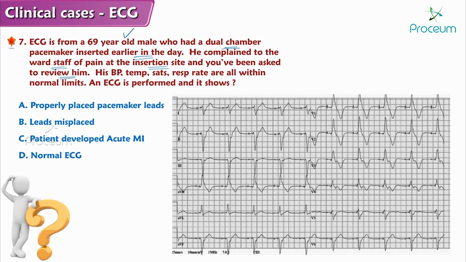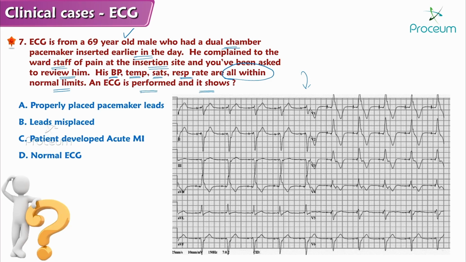His blood pressure, temperature, saturation, respiratory rate, all are within the normal limits. An ECG is performed and it is as follows. What is the correct answer? Properly placed pacemaker, leads misplaced, patient developed acute MI, normal ECG.